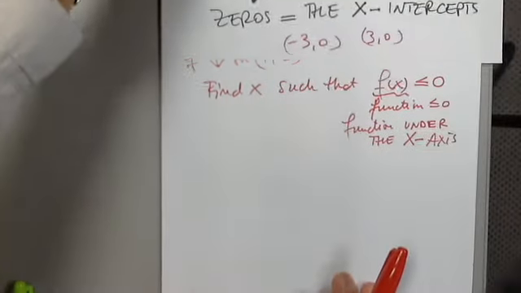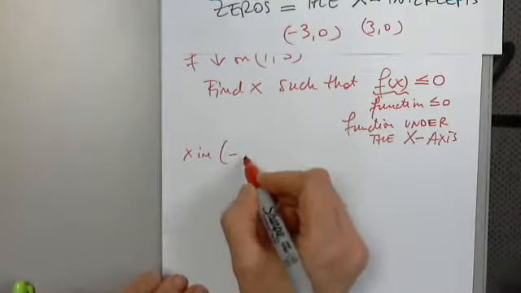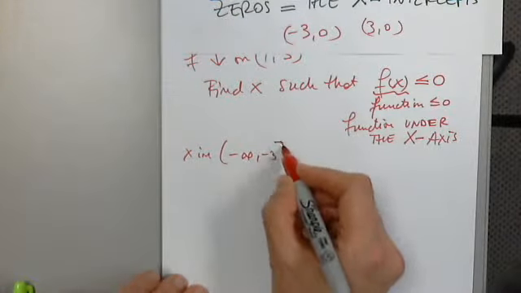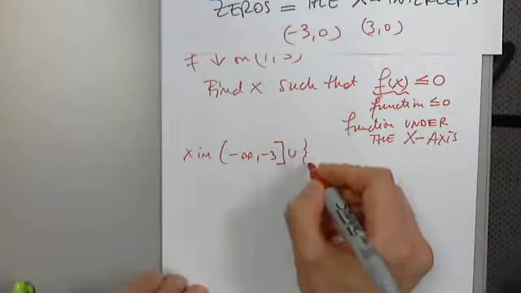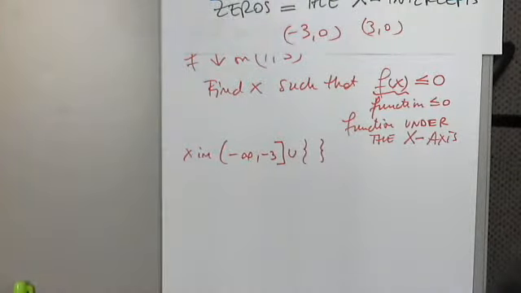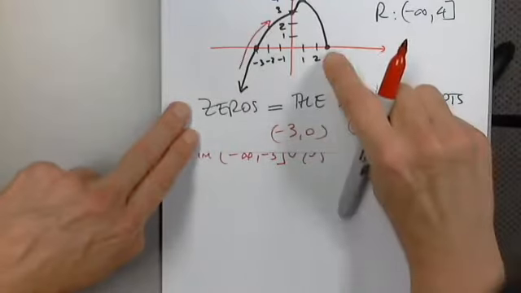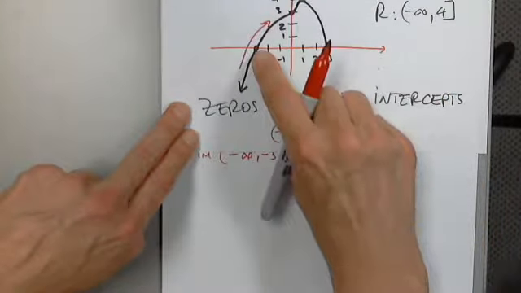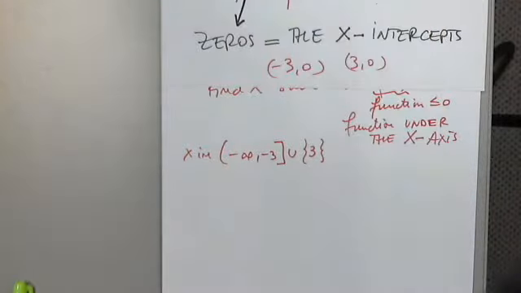So the correct answer would be for x in the interval negative infinity to negative 3 closed, but also union one other point, one other value for which the function is 0, 3. So the function is 0 at 3 and is 0 at negative 3, but it's negative to the left-hand side of negative 3. Any questions?